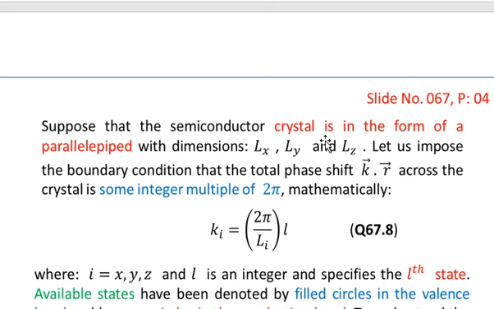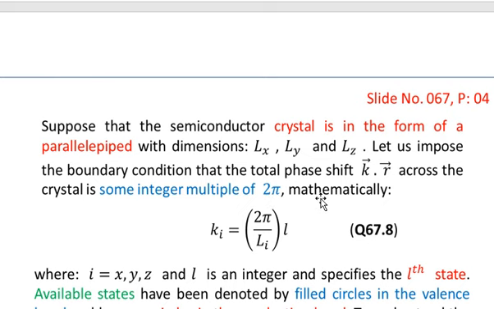Suppose that the semiconductor crystal is in the form of a parallelepiped. So we are now considering the semiconductor crystal in the form of a parallelepiped with dimensions Lx along the x direction, Ly along the y direction, and Lz along the z direction. Let's impose the boundary condition that the total phase shift k dot R across the crystal is some integer multiple of 2 pi.